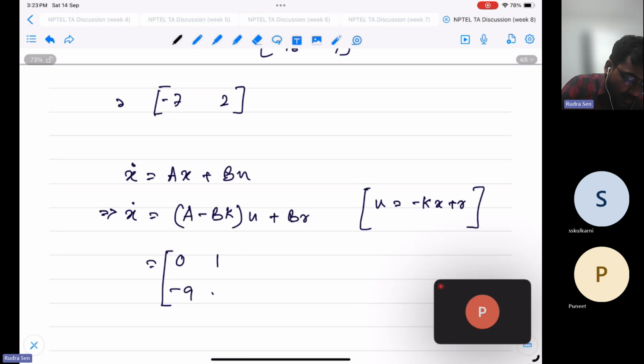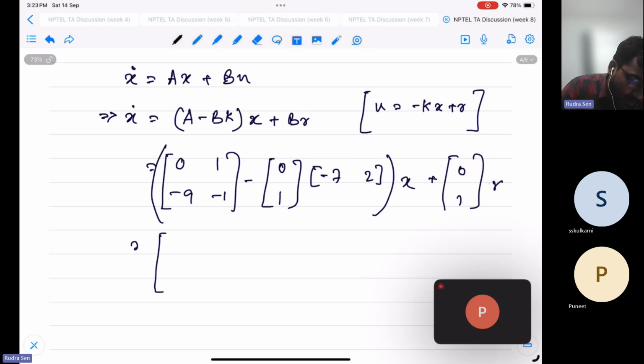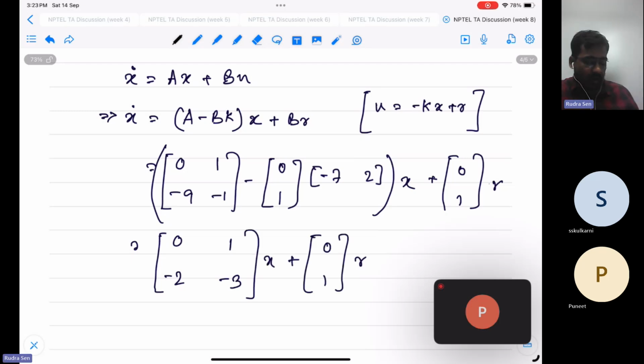It is 0, 1, -2, -3 minus B, which is 0, 1, times K, which is 7, 2. So it is 0, 1, -9, -5 x plus 0, 1 r, right?